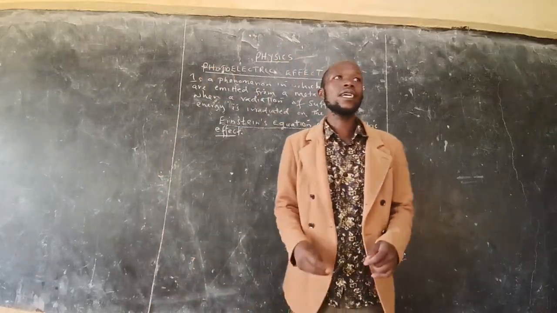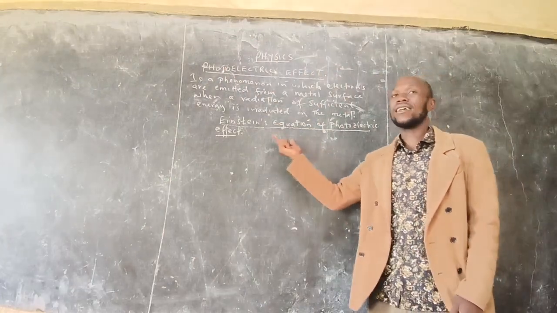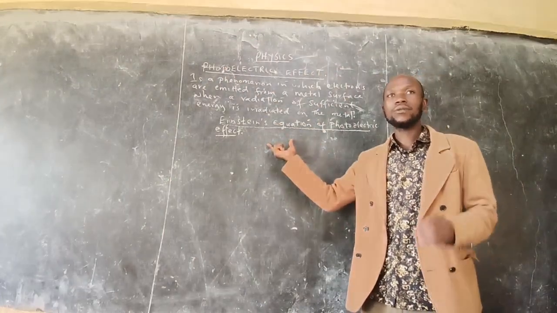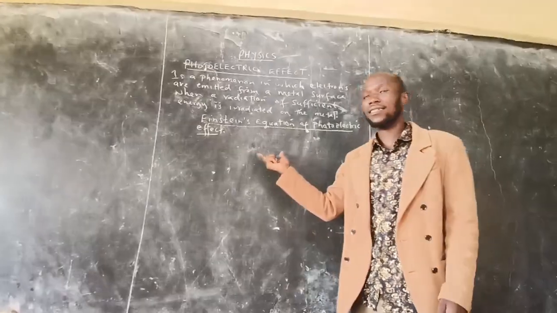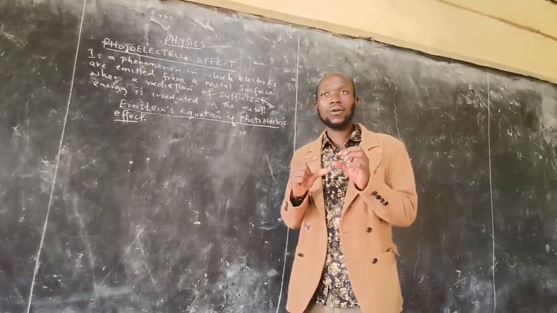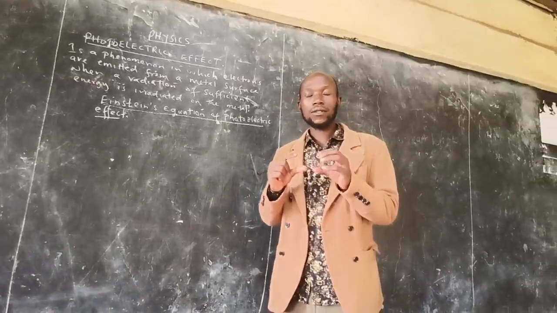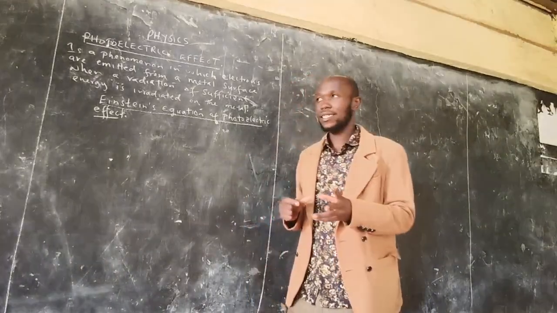According to Einstein, an electron will gain energy, then it will gain a minimum energy that is sufficient to make it get dislodged from a metal surface. This minimum energy is called the work function. So this is the energy that an electron needs to be emitted from a metal surface.